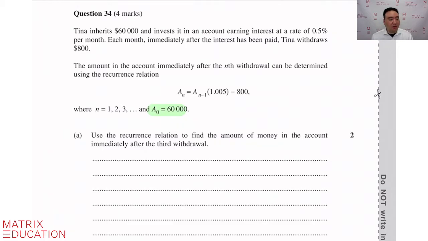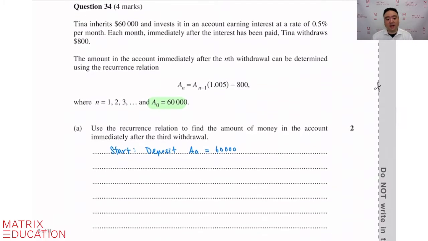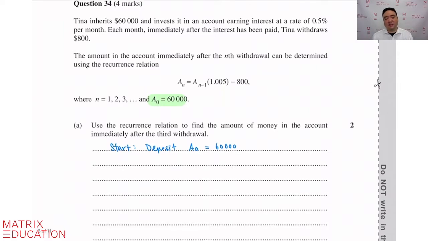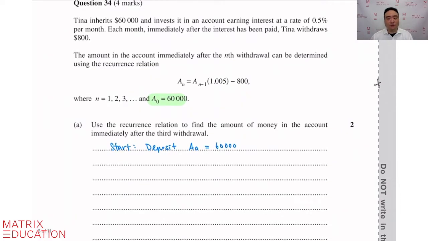So Tina starts by depositing A0, which is $60,000. What happens after that $60,000 sits in the bank for 1 month?